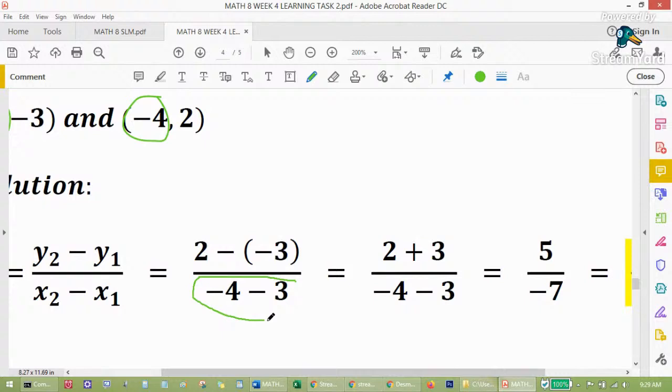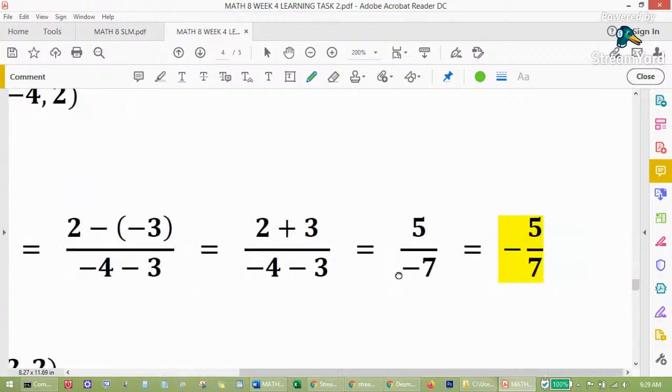The one at the bottom, we can now combine. They are both negative, so we add them. Negative 4 plus negative 3 is negative 7. But the one on top, negative times negative 3 becomes positive 3. So, 2 plus 3 is equal to positive 5.